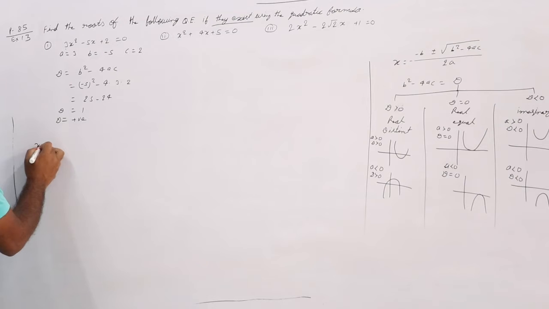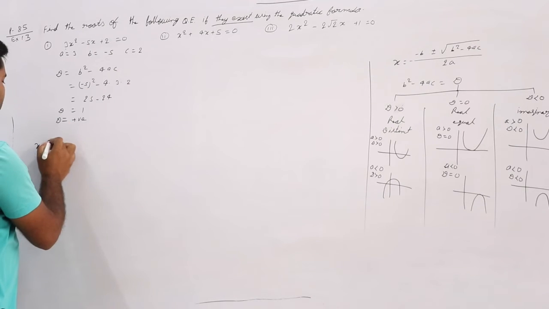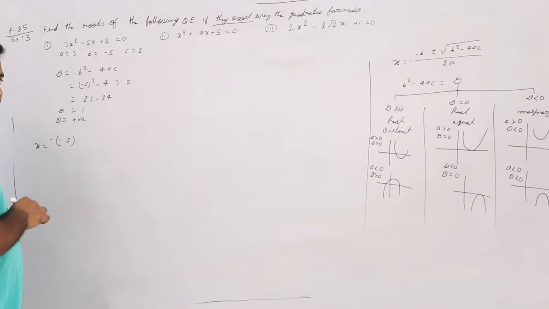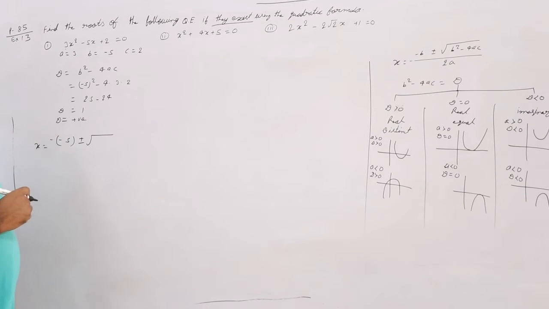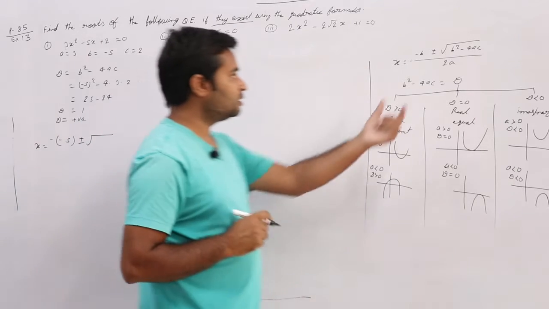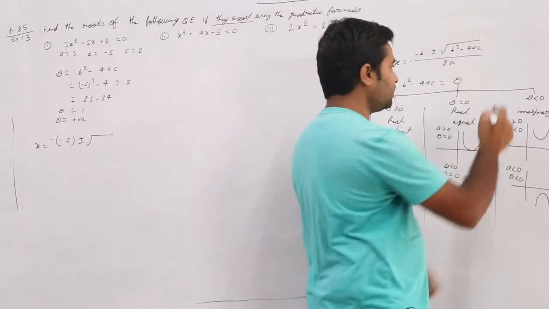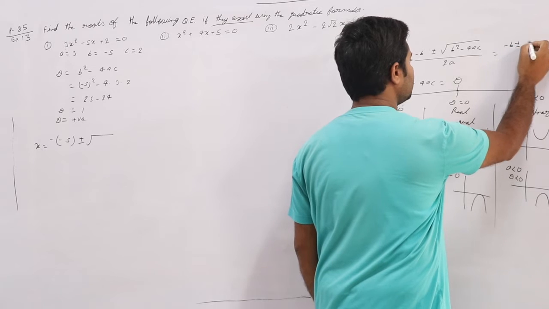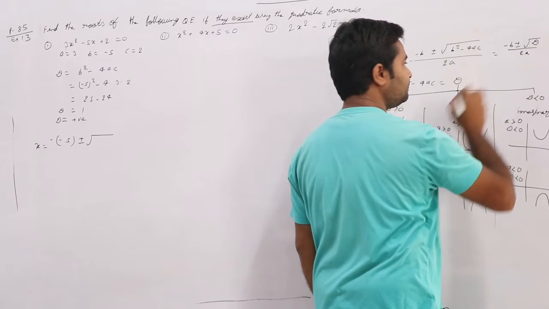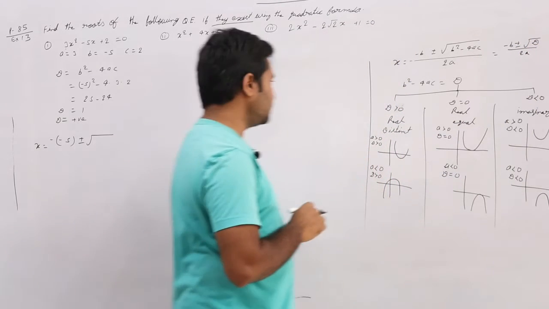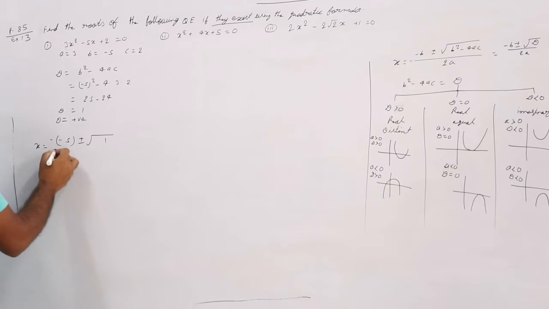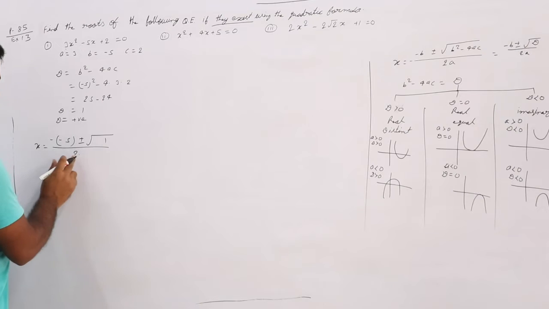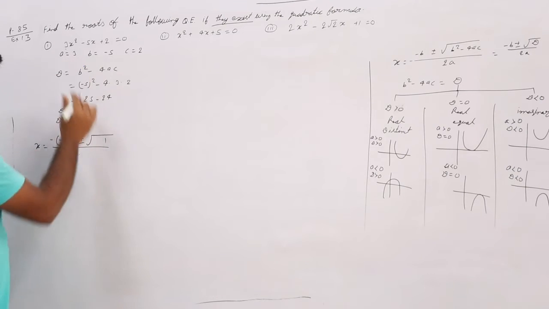So x is equal to minus b plus minus root over D, by 2a, because this term is fully D. Here root over D is 1, and 2 into a, which is 3, gives 6.